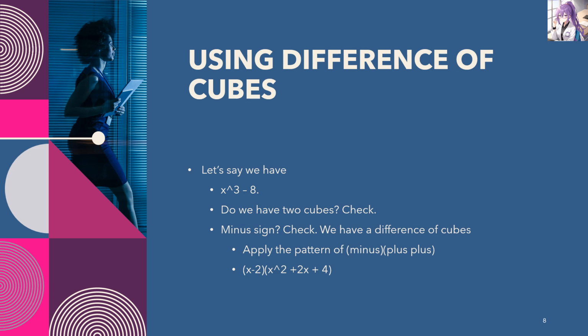Remember, in the first factor we have two terms, and that will come out to (x minus 2). The second factor will come out to x squared plus 2x plus 4. If you're paying attention to the trinomial squares pattern, you may also note that we can factor that further if you are really inclined to do so.